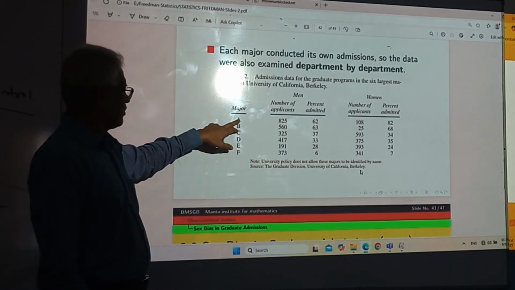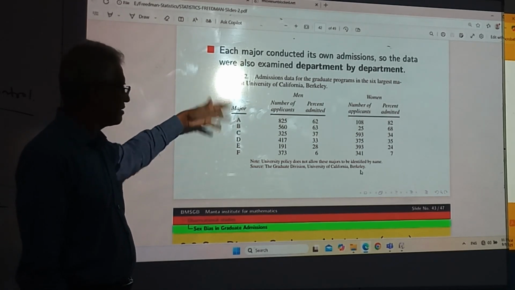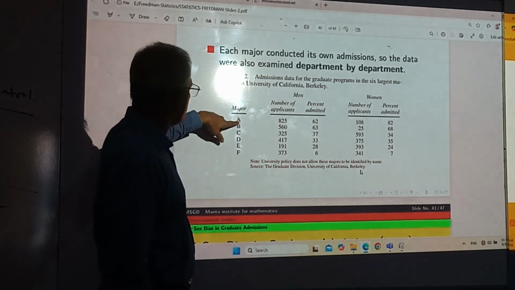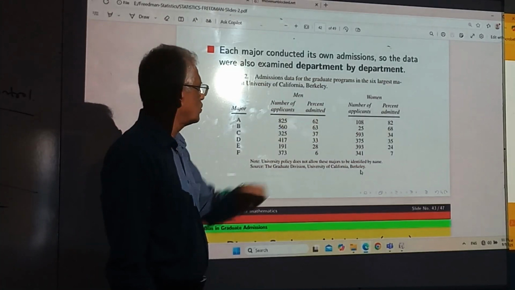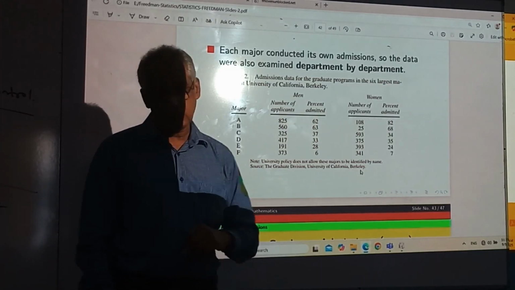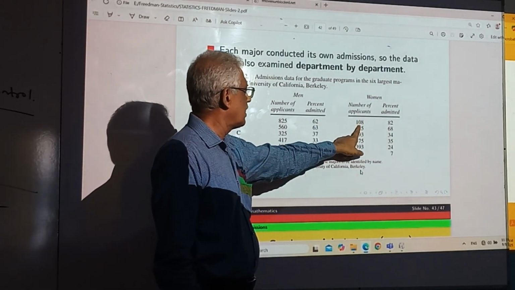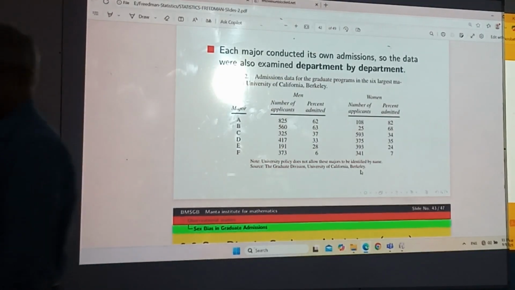So take department A, for example, say mathematics, statistics, whatever major. The total number of men who came for interviews for this one is 825. Out of those, 62% were admitted. Here, 108 women came for the interview, and 82% of the women were selected.